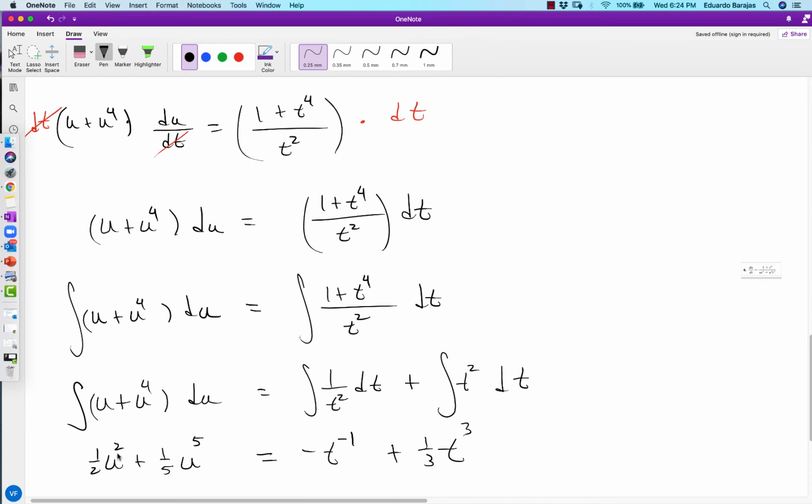Right, let's double check. If I take derivatives, bring down the 2, cancels with the half, gives me that guy. Bring down the 5, cancels with 1/5, gives me that guy. Bring down the negative 1, that makes it positive. Subtract 1, I get to the minus 2, so that gives me this guy. Bring down the 3, subtract 1, I get that guy. Okay, so I was able to find it.